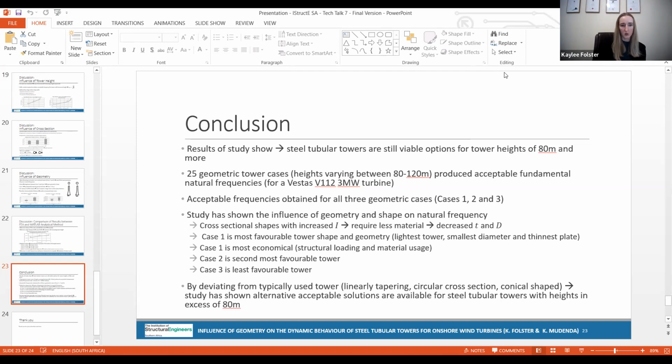And the study has also clearly shown the influence of the different factors and the geometry and cross-sectional shapes on the natural frequency itself.